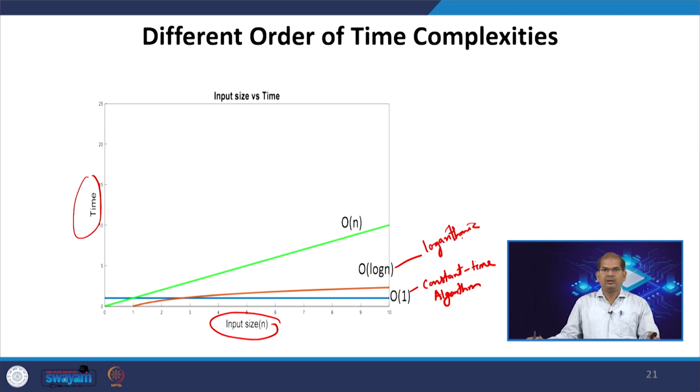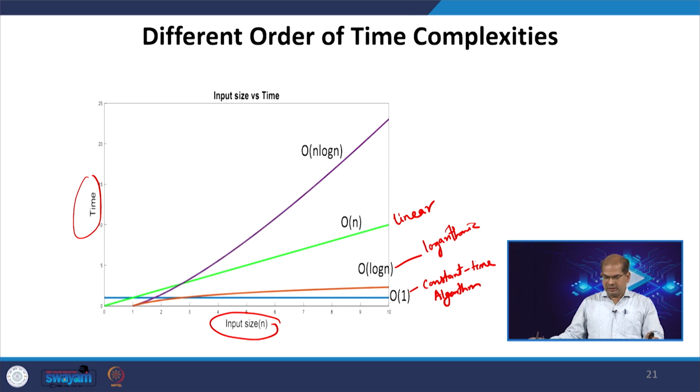Then you have big O of n, which is linear time complexity; the time increases proportionally with n. Then this is n log n, which takes more time than linear time algorithms.